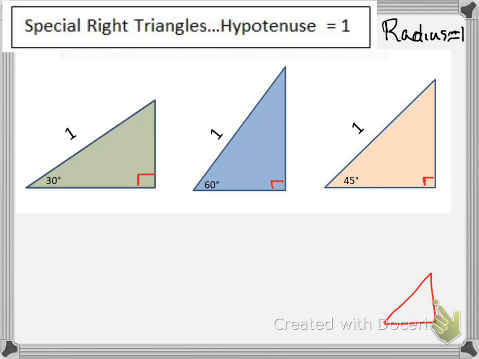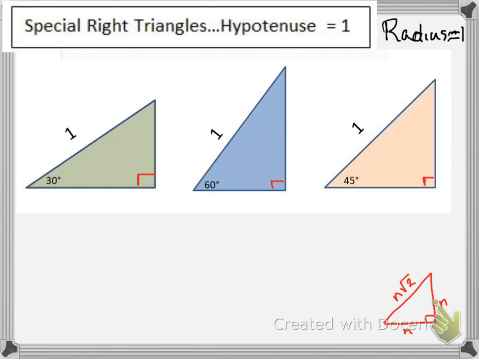So, in a 45, 45, 90 triangle, I have 2 matching legs that are the same size, and I have a hypotenuse that is the leg times root 2.